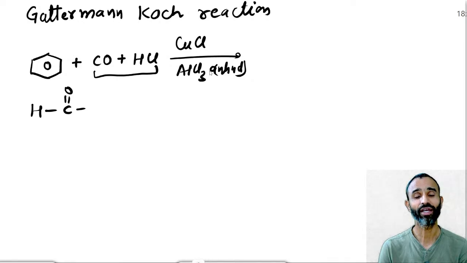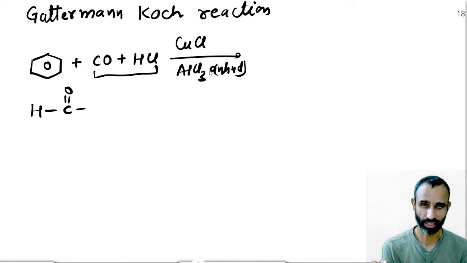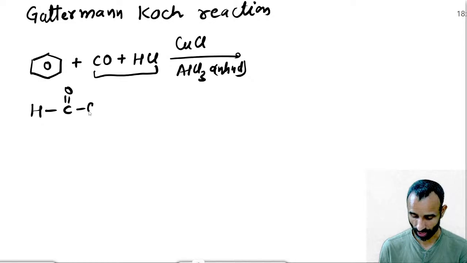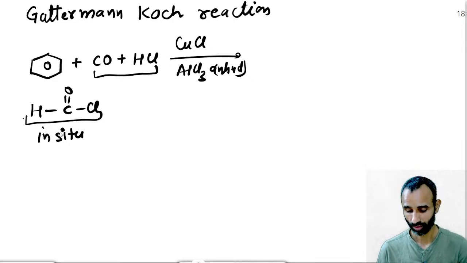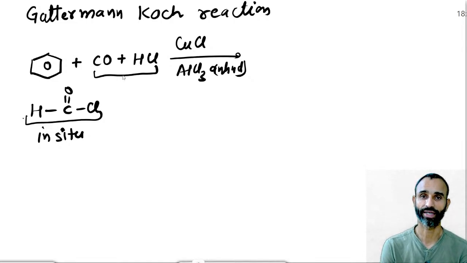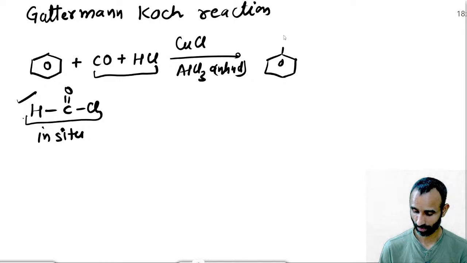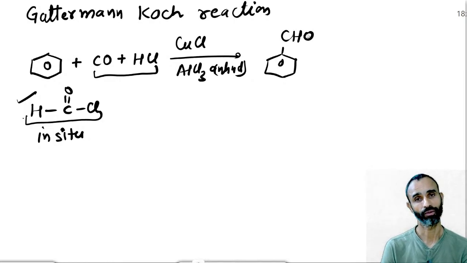It is just like Friedel-Crafts acylation, but CO and HCl give formyl chloride in situ, because formyl chloride is highly unstable. So we cannot use formyl chloride directly. What we do is prepare it in the reaction mixture by using carbon monoxide and HCl. So we get benzaldehyde as the product.